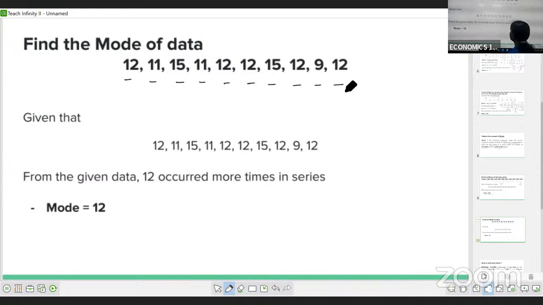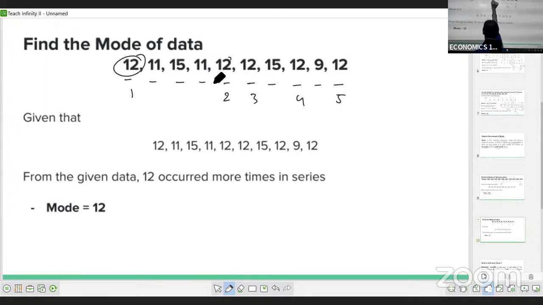Check it now. There are two numbers repeating: 12 is repeating and 11 is also repeating. Let's see how many times 12 is repeating: 1, 2, 3, 4, 5.